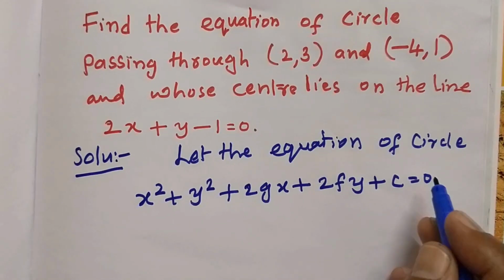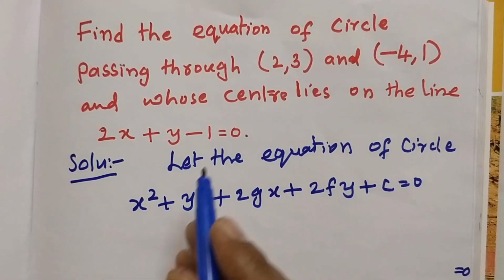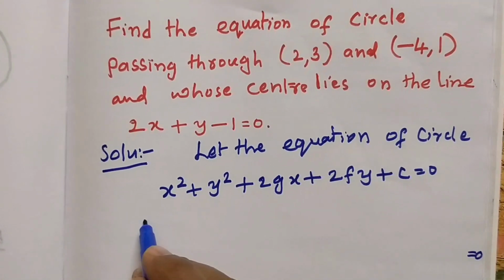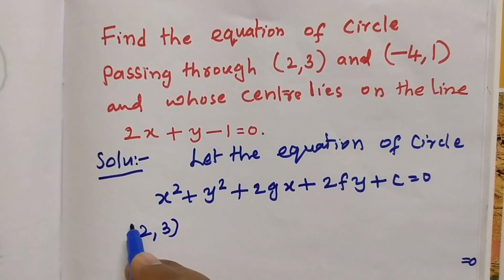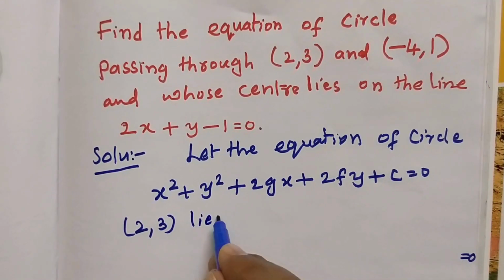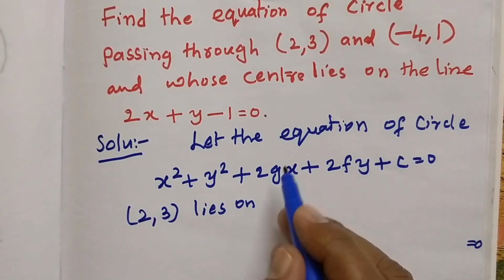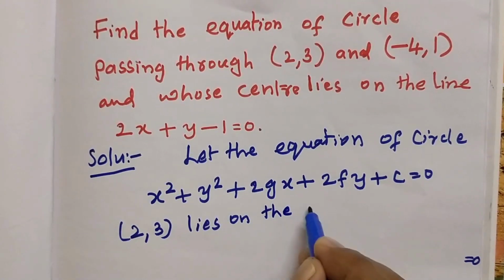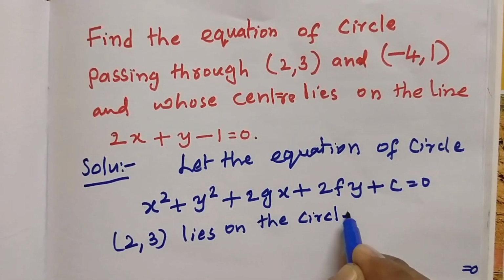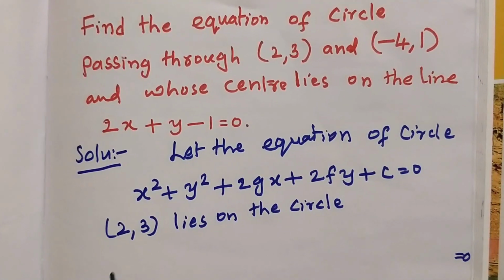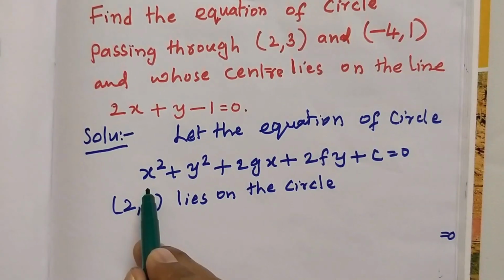What is given? At first, he gave that (2, 3) lies on the circle. Passing through (2, 3) means (2, 3) lies on the circle. That is, you have to substitute 2 in place of x and 3 in place of y.